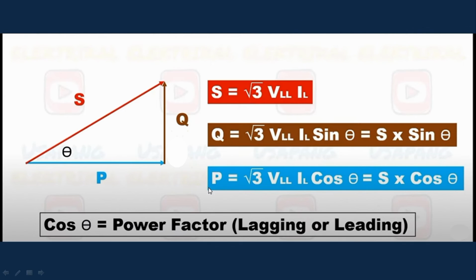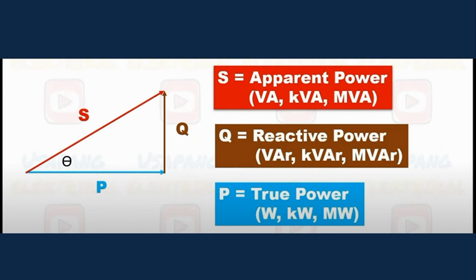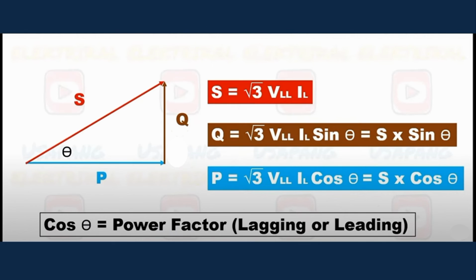The formula for true power is square root of 3 times line-to-line voltage times line current times cosine theta, which equals S, the apparent power, times cosine theta, where cosine is the power factor.